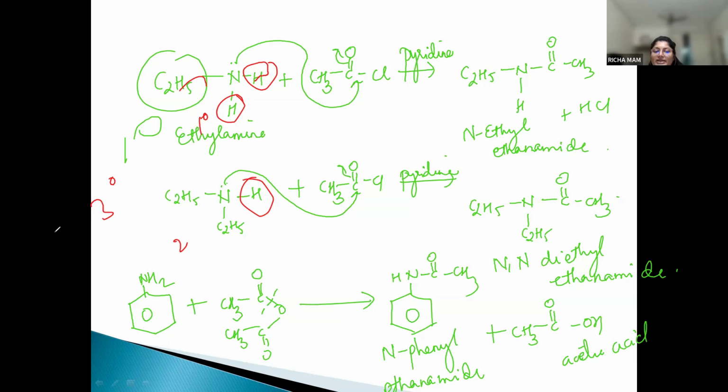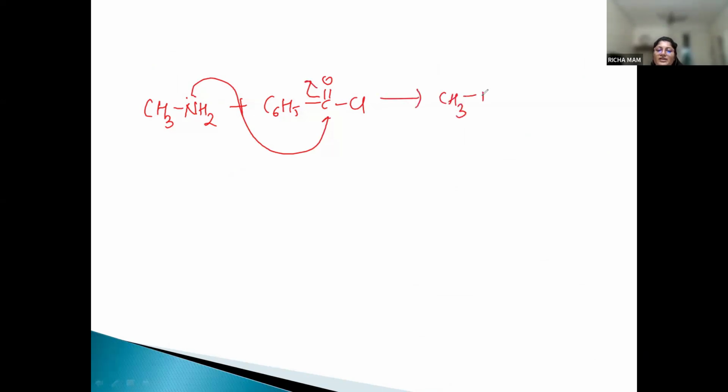Then when the amines react with benzoyl chloride, what does it form? It forms benzamide. Take methanamine and react it with C6H5, C double bond O, Cl. This will polarize, and you're going to get CH3, NH, C double bond O, C6H5, plus HCl.